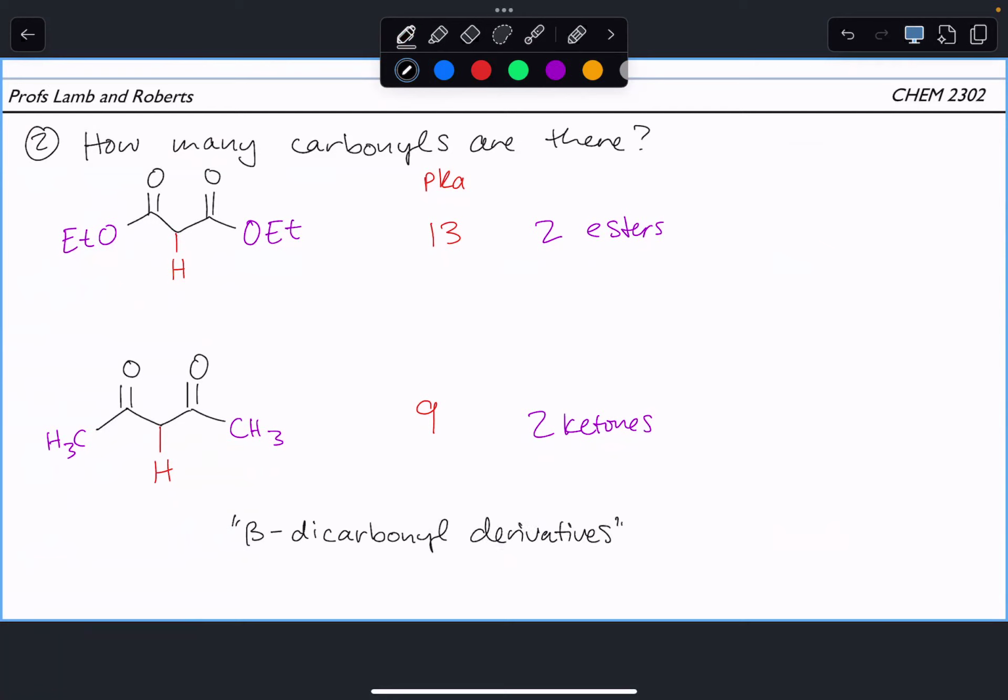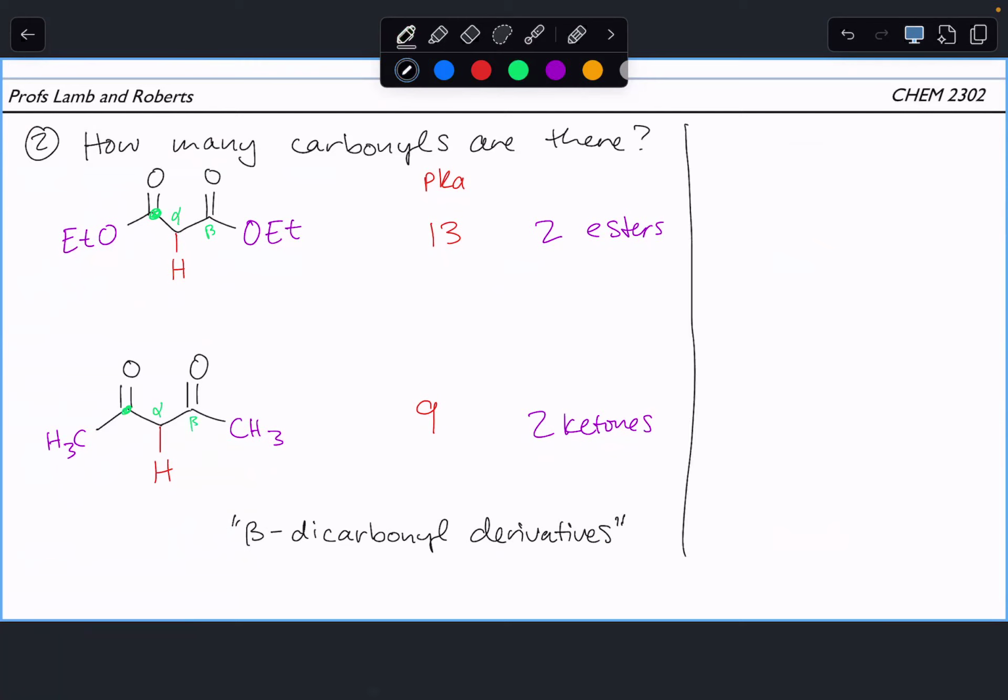So that's kind of the generic term. And the reason for that is if I'm doing it in relation to, say, the left carbonyl, the alpha position is where the proton is, and the beta position is where the other carbonyl is. And I could do that for any of these, alpha, beta, right?